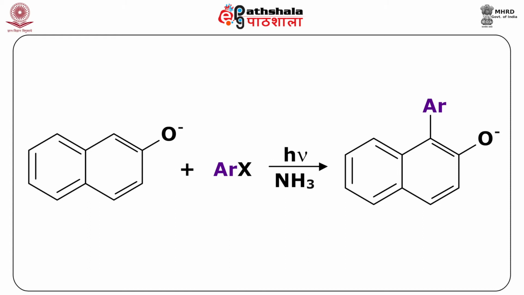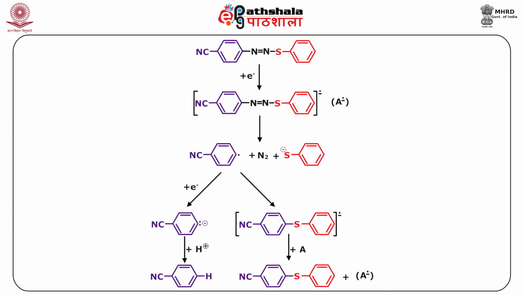Now you can see here when this is irradiated by using the ammonia and the light, this particular reaction gets transformed into the products. The electrochemical reduction of aryl azosulfides yields the corresponding sulfides and decomposition products.